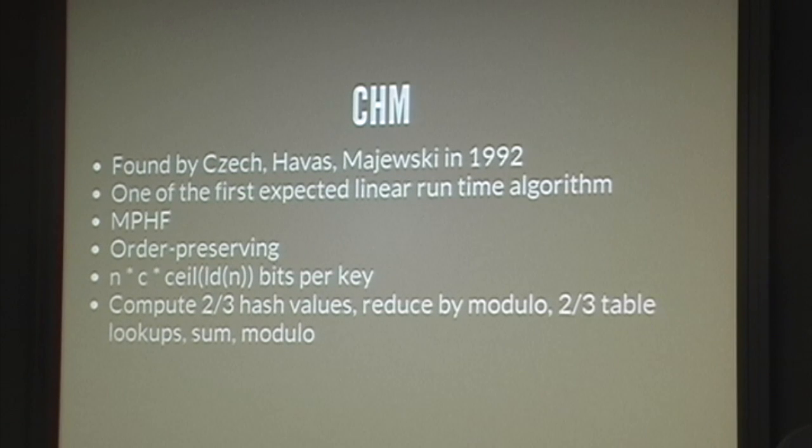So the first algorithm I want to look at in detail is called CHM, after the persons that invented it. This one is from 1992, and I think it's the first algorithm that has expected linear runtime.